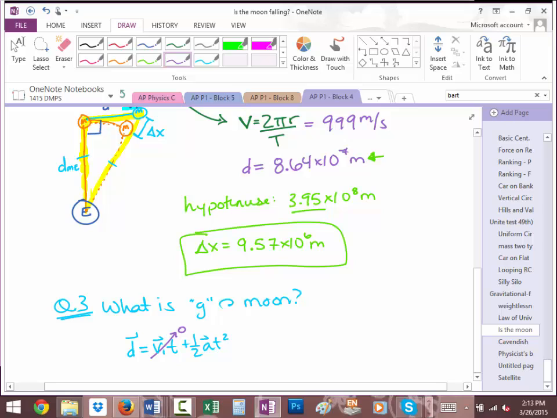So this is just a projectile motion problem again, right? We're saying the initial velocity in the y direction, or in that falling direction, is 0. So we're just going to solve for a. Does that make sense?